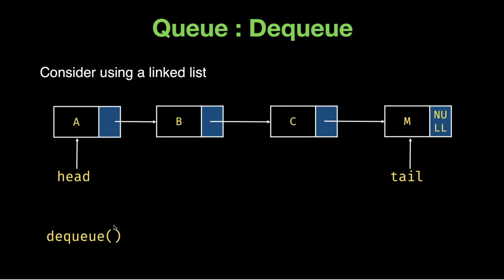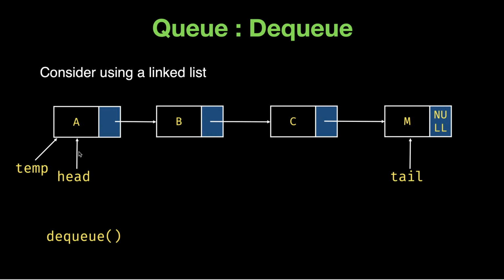So let us see how we can dequeue using a linked list. For the dequeue operation we already have a reference to the head pointer, since we are removing from the head, right?